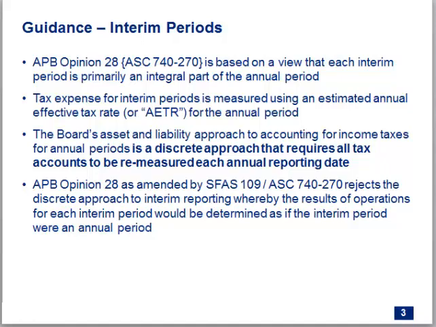APB 28 was broader than taxes, but for tax expense, it said we want you to estimate an annual effective tax rate and then apply that rate to every dollar of income during the year, and from that you'll figure out what your quarterly provision is. So the key here is you're supposed to come up with an estimated annual effective tax rate for the year, even before the year's over.